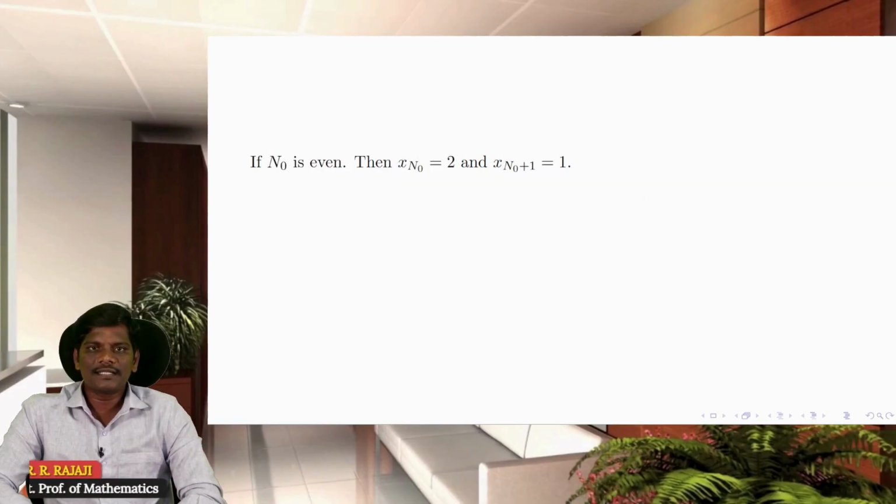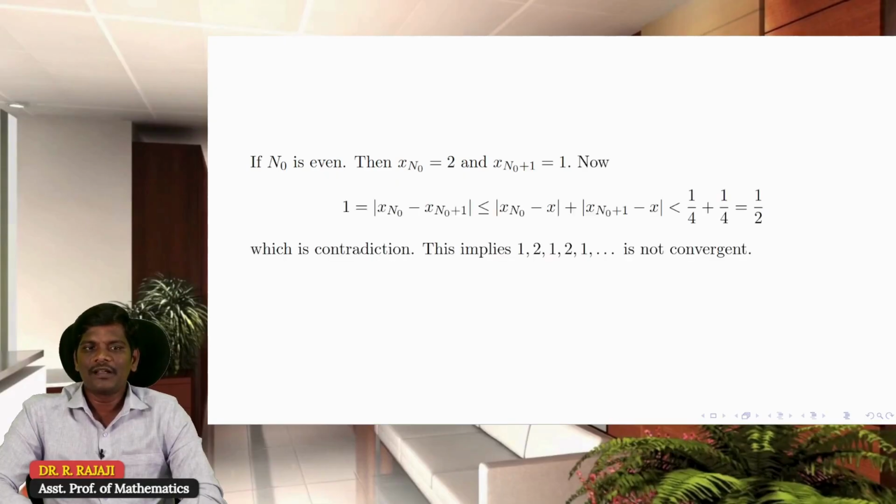Another case: if n naught is even, then xn naught equals 2 and xn naught plus 1 equals 1. Now xn naught minus xn naught plus 1 has modulus 1. By the triangle inequality, this is less than or equal to modulus of xn naught minus x plus modulus of xn naught plus 1 minus x.